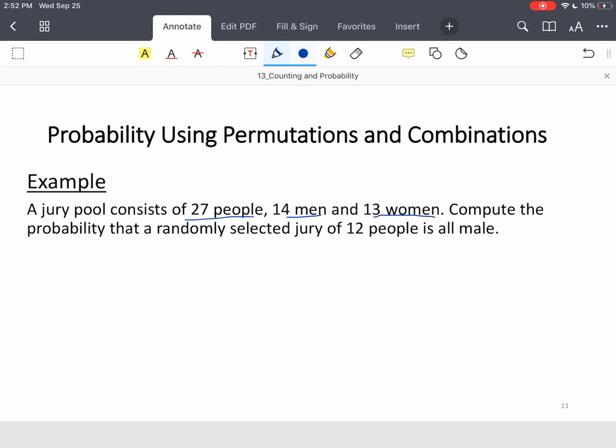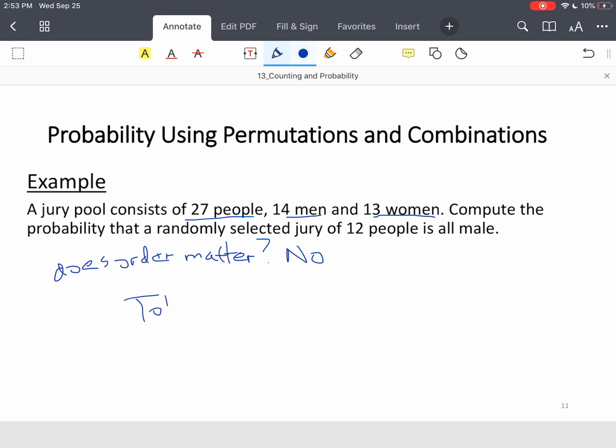That's not always the case, but for our purposes, on paper, we assume it's random. First question: does order matter? The answer is no, so this implies a combination.